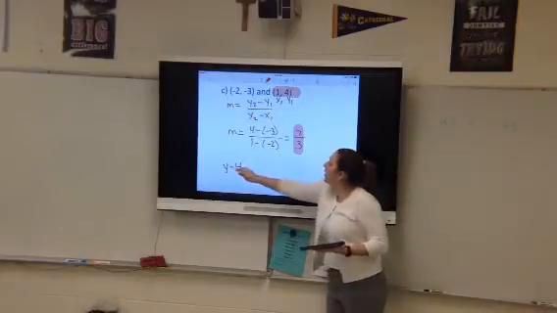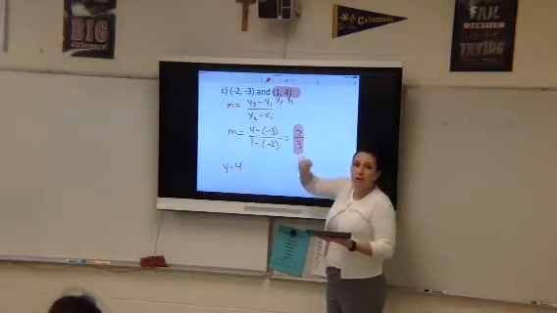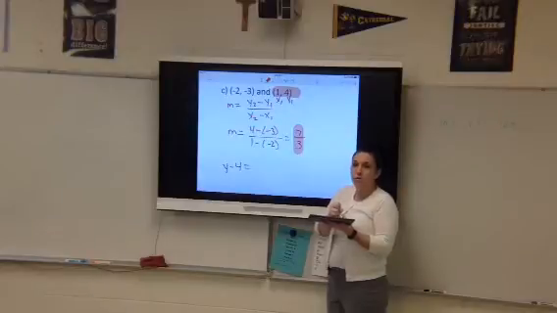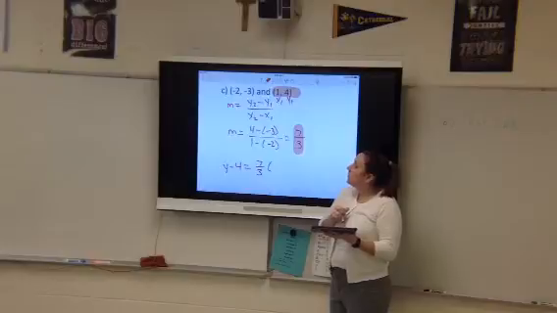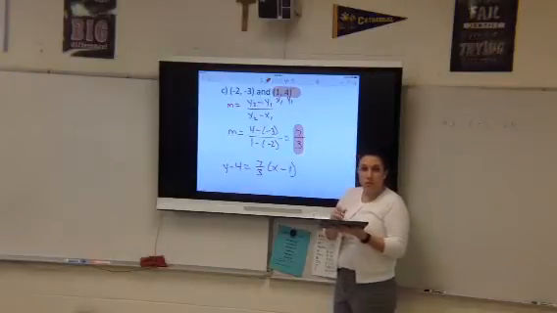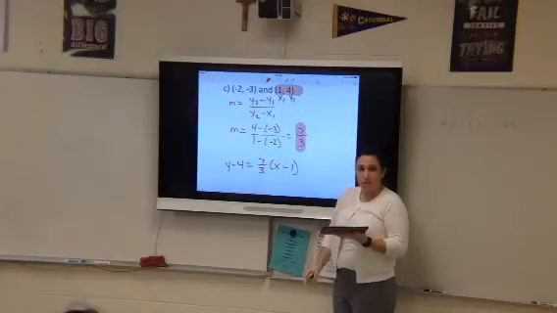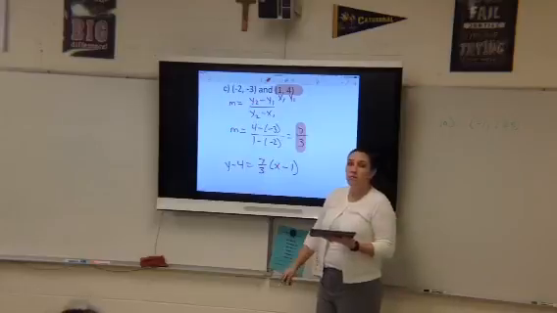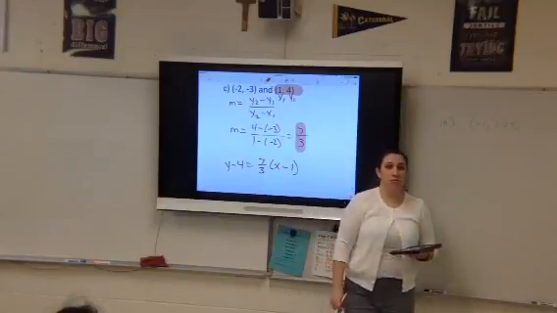Okay, so we've got y minus 4, okay, equals, what's your slope? 7/3 times x minus 1. Yes, ma'am. Why would we use that coordinate point again? Because this is the one we picked. So you can pick either one. Doesn't matter.